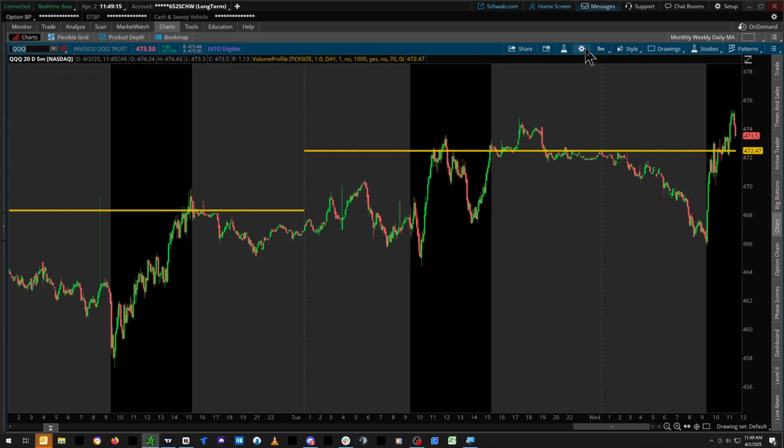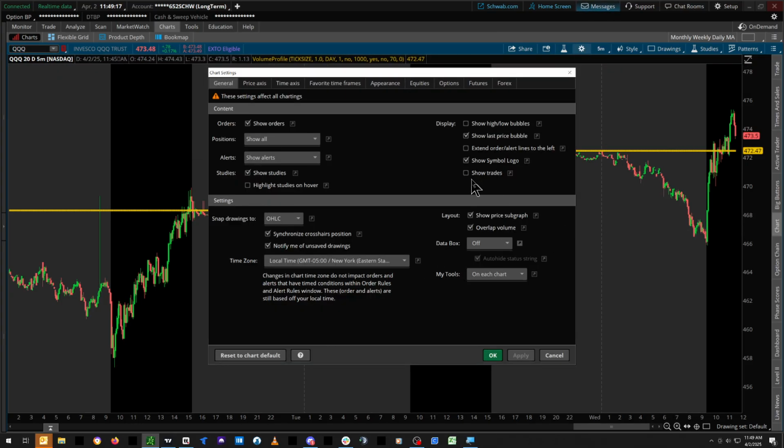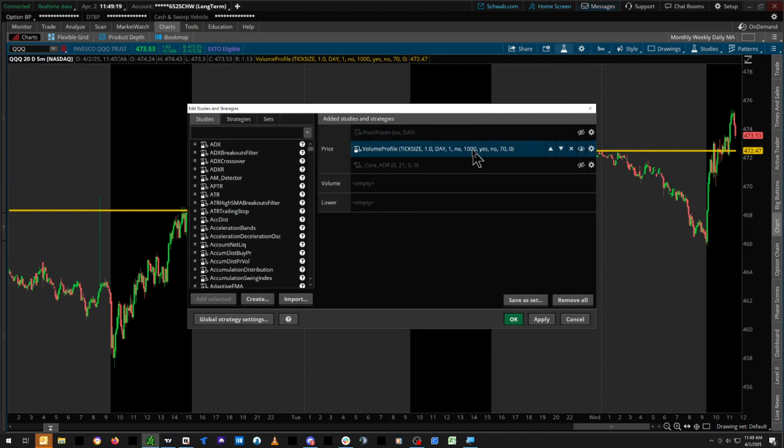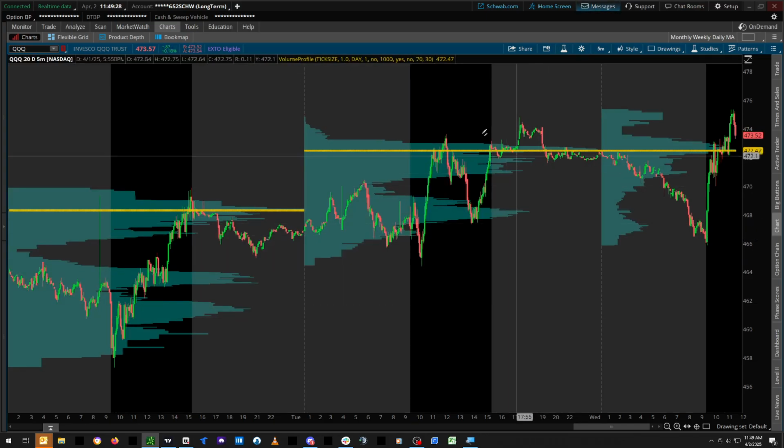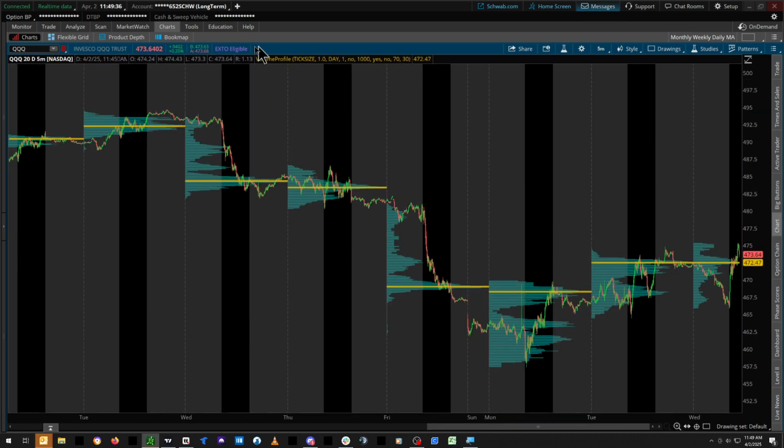You can turn on the day profile to show me not just the point of control, but the peripheral areas around it, and then mark these heavy areas around it. How far out? Well, you don't need to mark this up here because you're nowhere close to it.